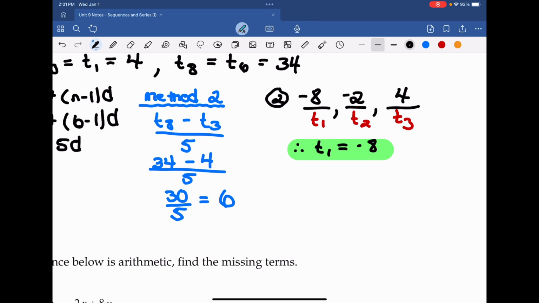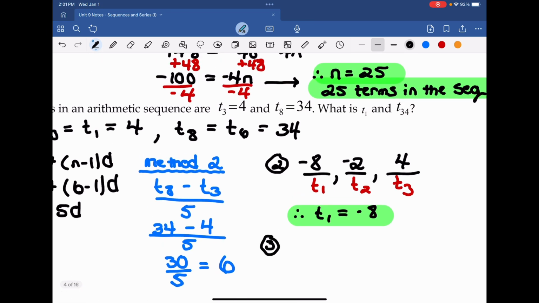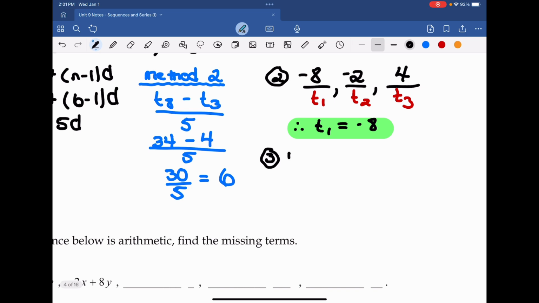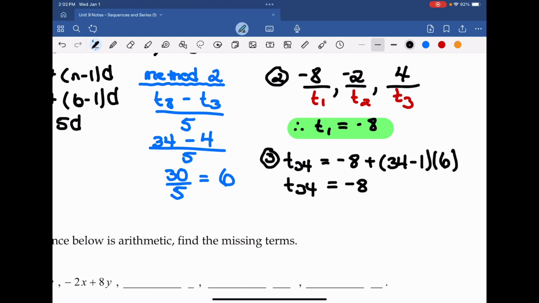Okay, now for step number 3, we're going to figure out what that actual T34 is. For the T34, we're going to use our formula. So T34 is equal to term 1, which is -8, plus 34 minus 1, all times the common difference of 6. So T34 is equal to -8 plus 34 minus 1, which is 33, times 6.